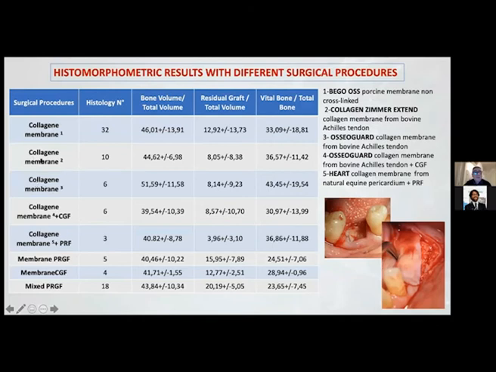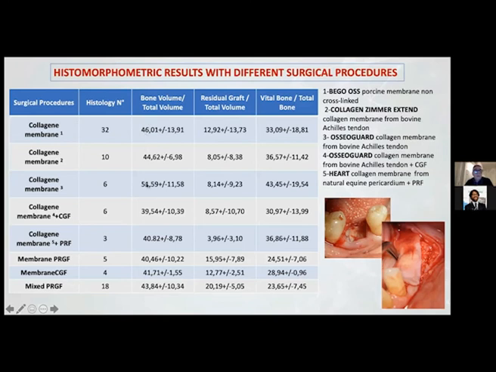We use only a collagen membrane to cover the graft material, and we use Bego, collagen Zimmer, Extend, OsseGuard, and the result is very interesting because the bone volume was 45%, 44% with this collagen membrane, and 51% with this membrane. Obviously, in that case, we have 32 histologies, so probably we have an incidence of bad results in the total volume.